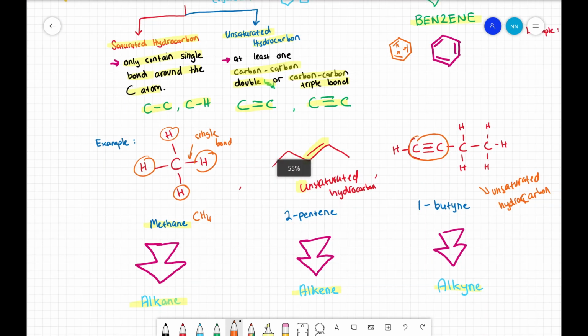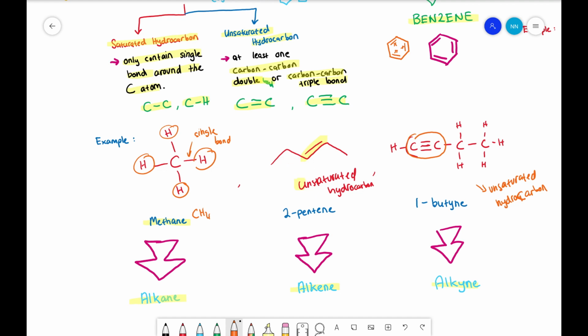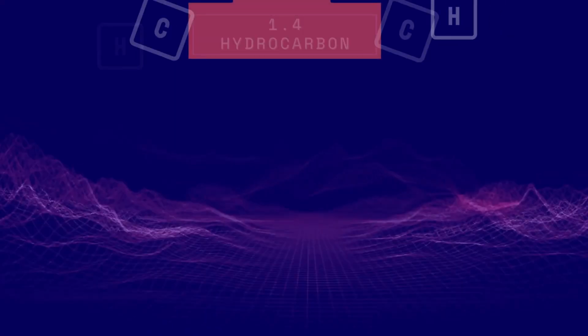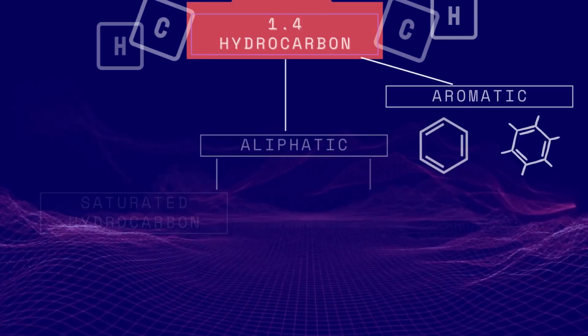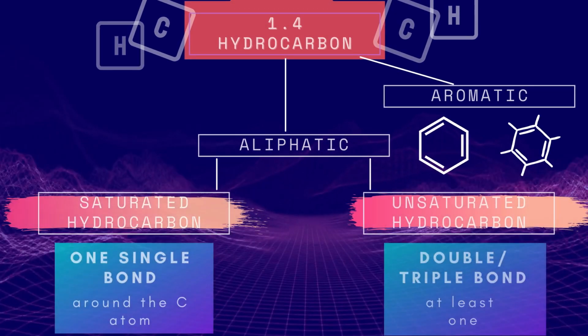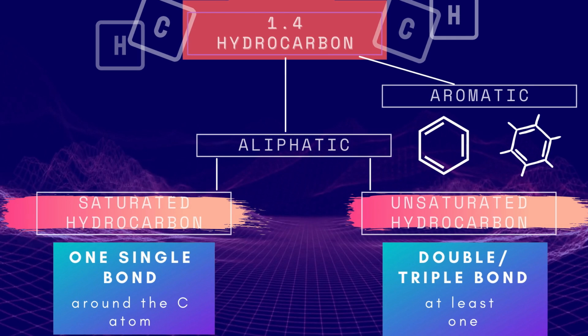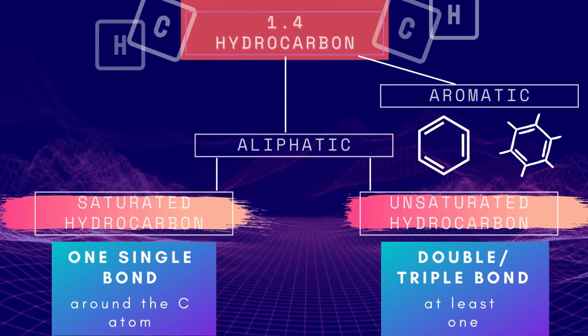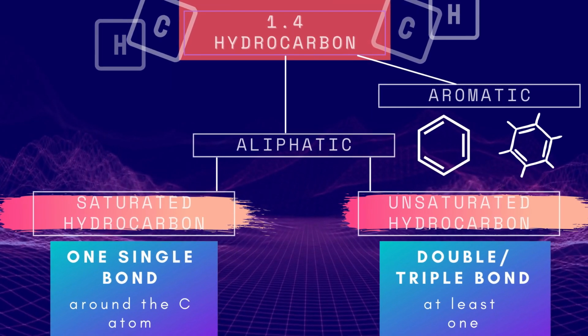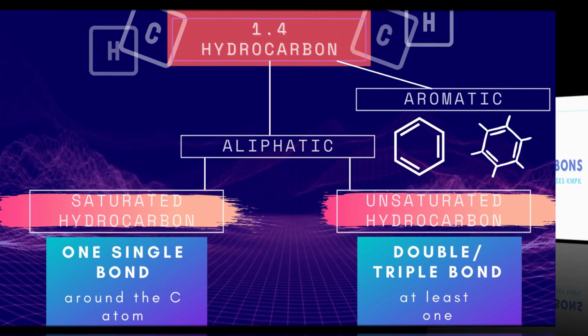Just remember that alkane belongs to the saturated hydrocarbons, while alkene and alkyne belong to the unsaturated hydrocarbons. Because the key concept: saturated, single bond; unsaturated, carbon-carbon double bond or a carbon-carbon triple bond. That's it for hydrocarbon. Thank you!